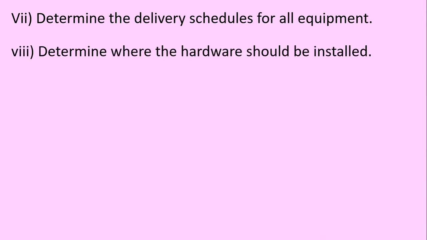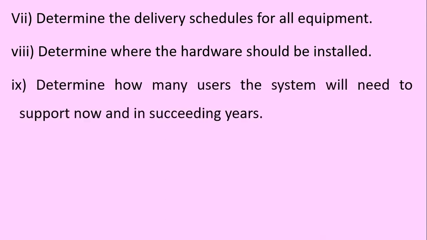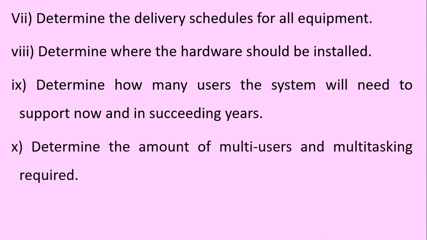Number 8, determine where the hardware should be installed. Number 9 is to determine how many users the system will need to support now and in succeeding years. Number 10 is to determine the amount of multi-user and multitasking that will be required.